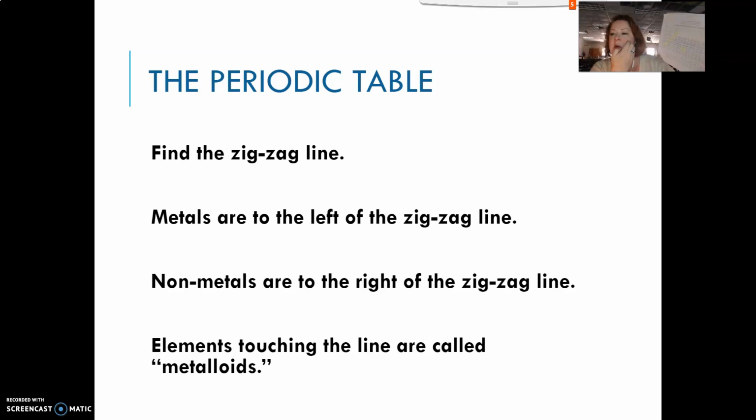So when I have a brain fart, something happens, and I don't remember what side metals are on, I am going to remember where my favorite metal is and know that all the metals are to the left of that metalloid line. The elements that are to the right of the metalloid line are called nonmetals. And if they are actually on the line, flat on the line, one way or the other, those are metalloids. So they have characteristics of both metals and nonmetals.